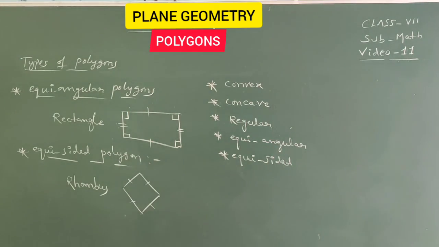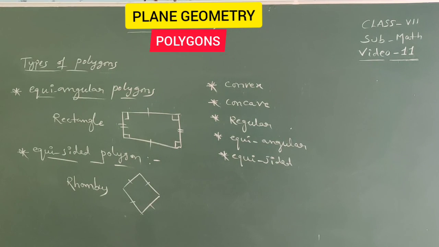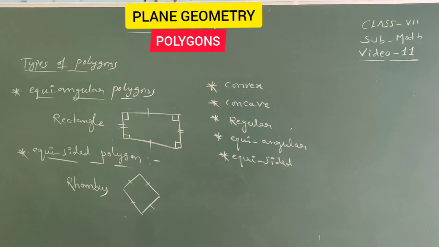These things we learned in this video. In the next video, we need to discuss interior and exterior angle sum properties. Interior angle sum property and exterior angle sum property of a polygon.